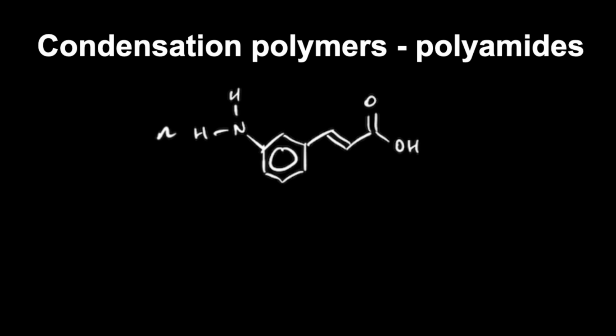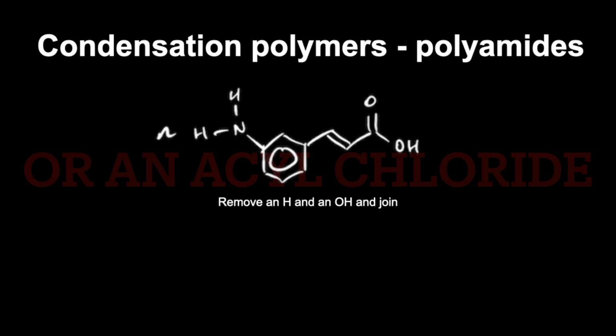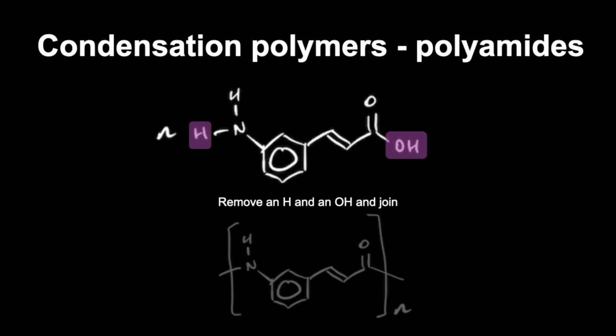To make an amide group, you could have an amine group at one end and a carboxyl group at the other end. Same logic as before, we're just going to remove an H and an OH group, and we're going to join them together. But this time, obviously, you're limited to an H from the amine group and the OH group from the carboxylic acid group. So what would that look like?